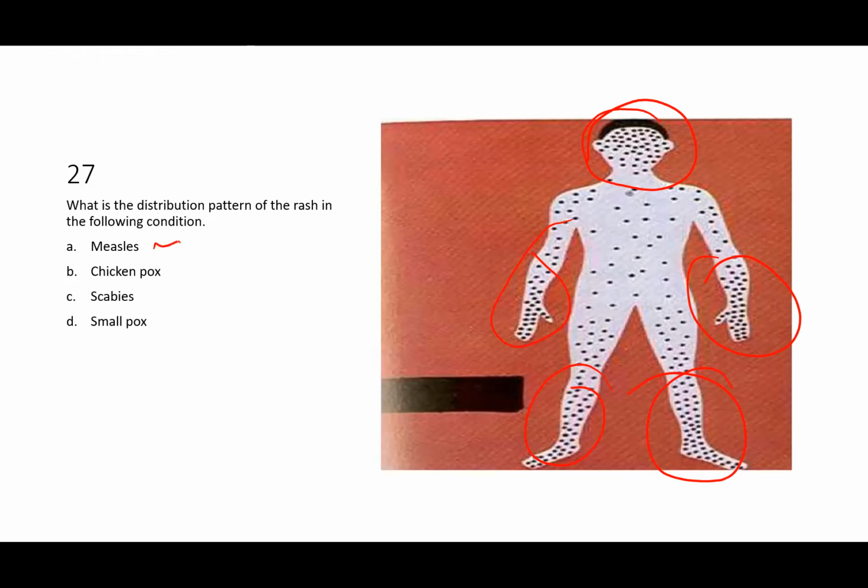For chickenpox, it is described as centripetal. Craniocaudal starts from the top and goes downward; centripetal starts from the periphery and moves to the central.